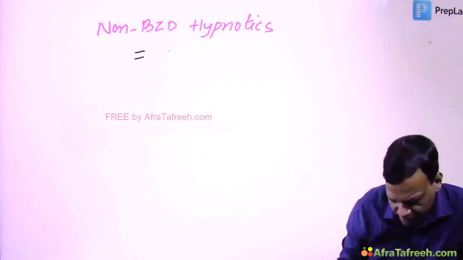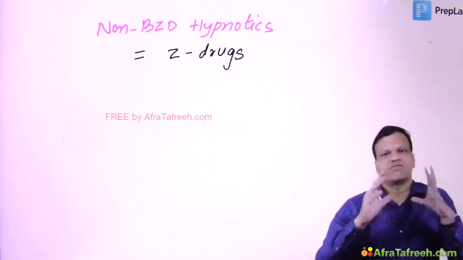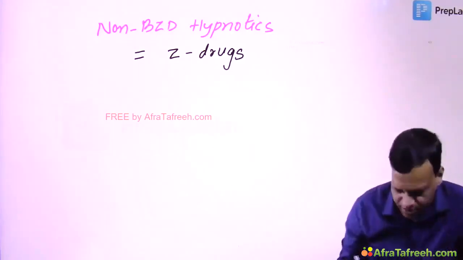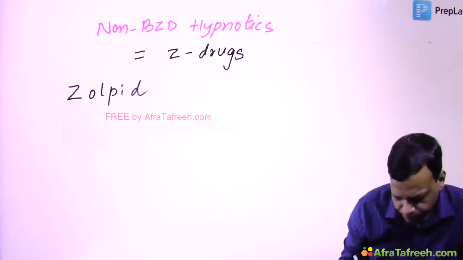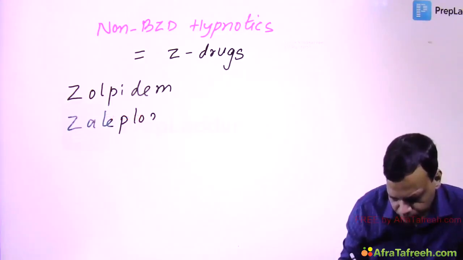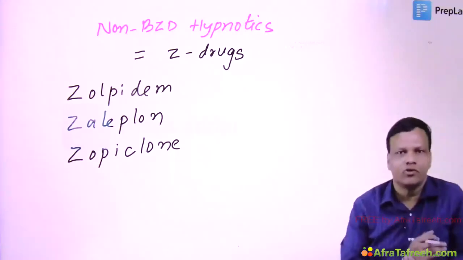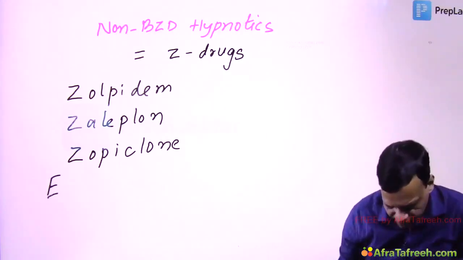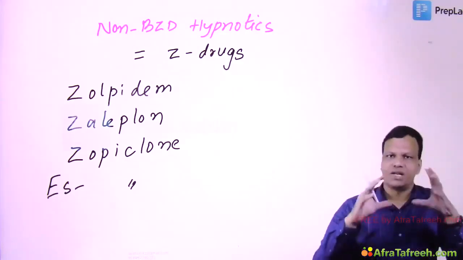In my language I say these are jet drugs, because the names of most of them start with zed. These drugs include zolpidem, zaleplon, zopiclone. Recently an isomer of zopiclone has also been approved, which is called S-zopiclone. All these are non-benzodiazepine hypnotics.